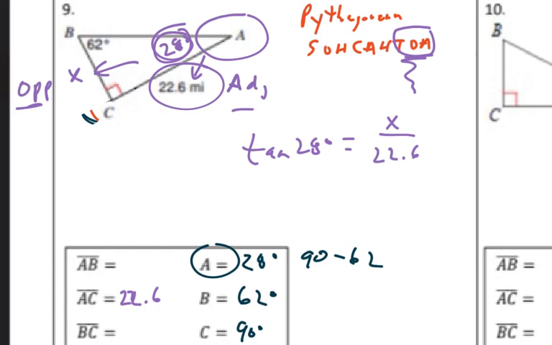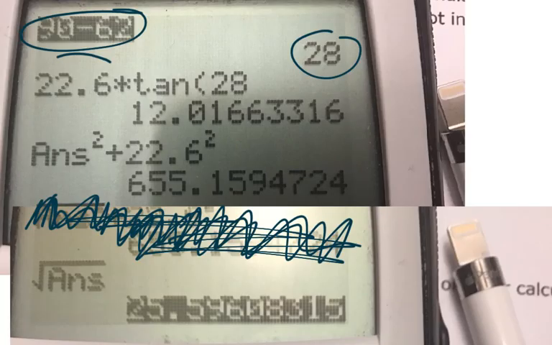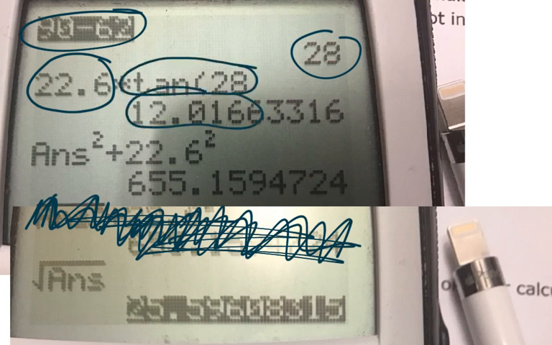Opposite over adjacent. Now, solving for x here, all I need to do is multiply by 22.6. So x is going to be 22.6 times the tangent of 28. With my calculator, I take 22.6 times the tangent of 28, and I get 12.0166.